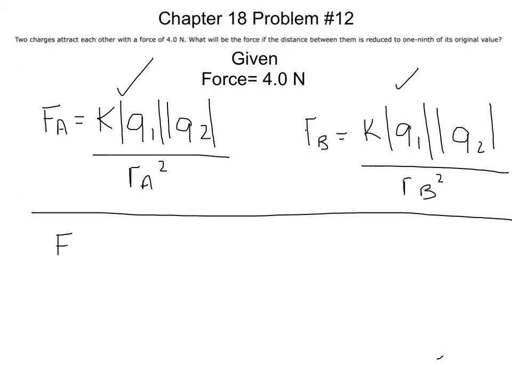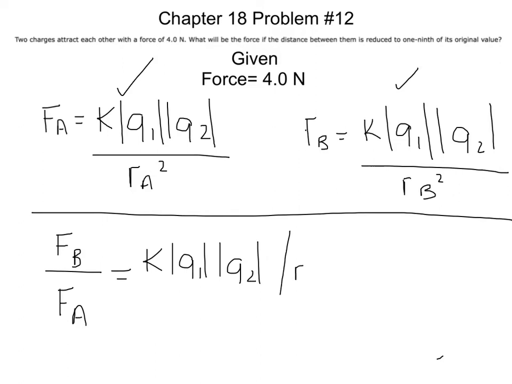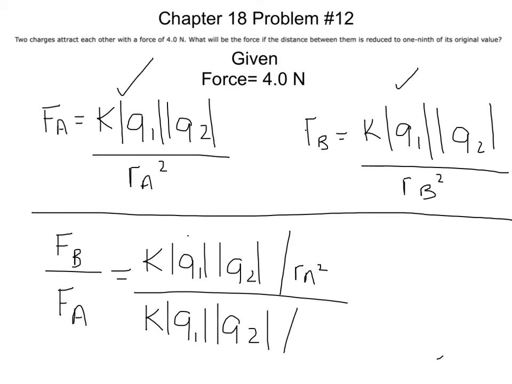So that would be FB over FA, equals K times Q1, Q2, all over RA squared, and this is all over K times Q1 times Q2 all over RB squared.